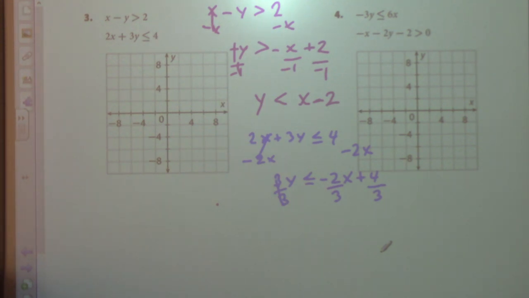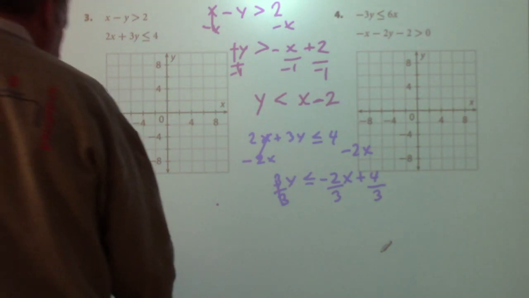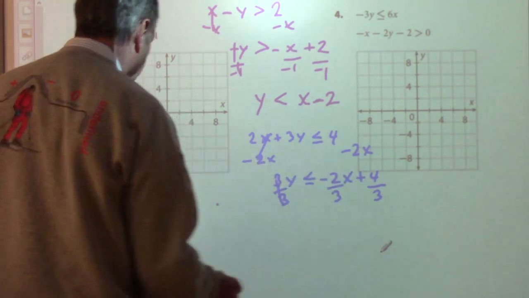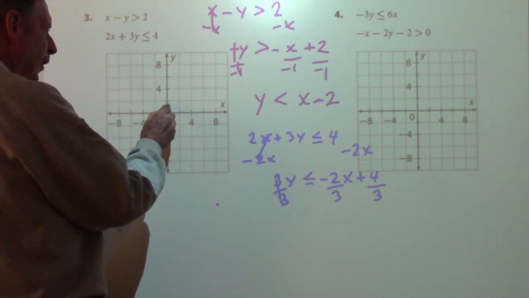Did you do this one? You got it? Okay, so he has the x minus 2. Oh, you know how to graph the x minus 2? Okay, so what he has here is this one, negative 2/3 x plus 4/3. So go to 4/3, about right here.